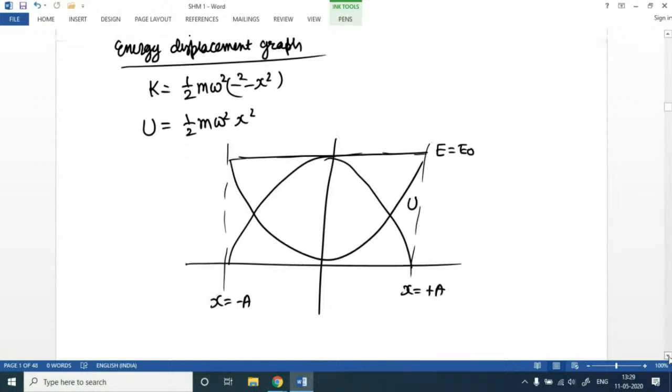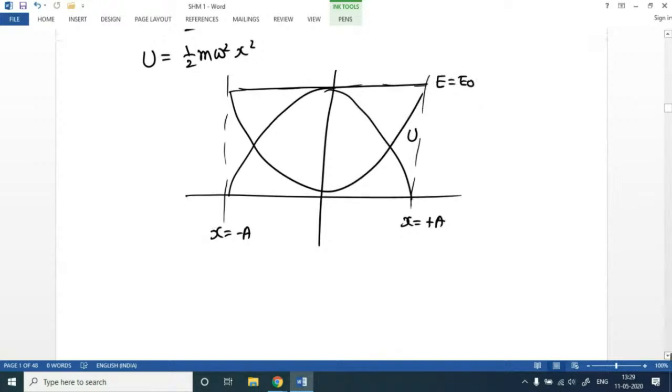And another important thing regarding this is the average of potential energy and the average of kinetic energy, for example, when the particle moves from here to here. Okay, so let's try to find that out.